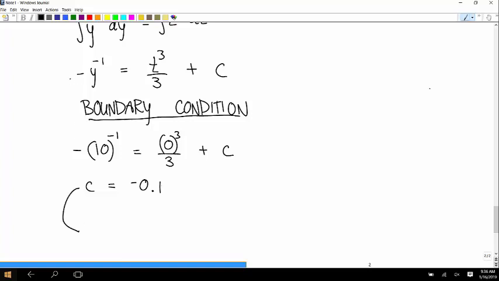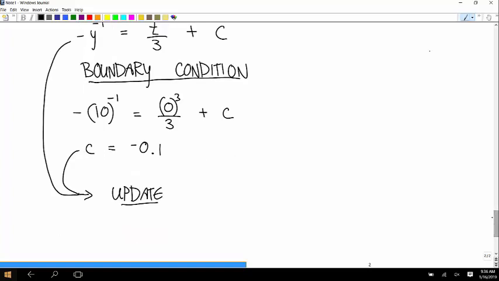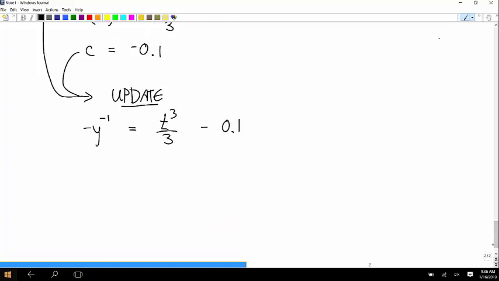And now I'll use this to update what I know about the function. So I know that negative y to the negative 1 is equal to t cubed over 3 minus 0.1. So y to the negative 1 is equal to negative t cubed over 3 plus 0.1.